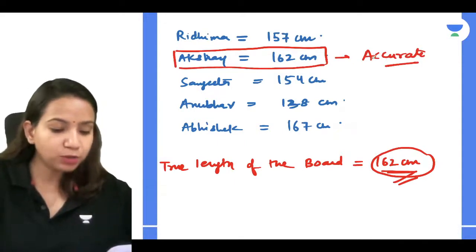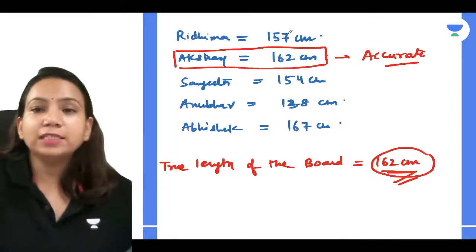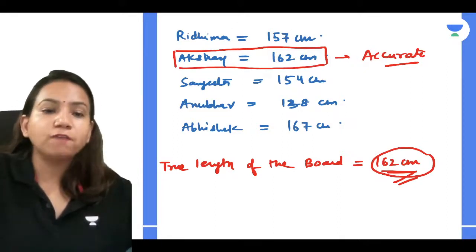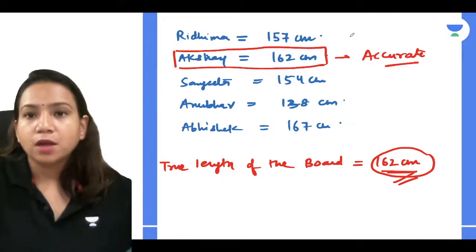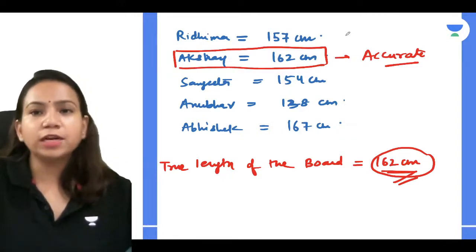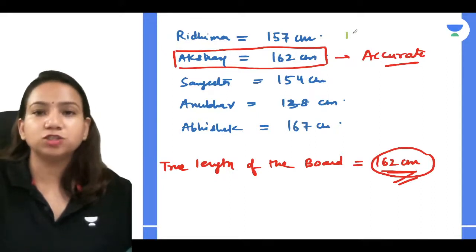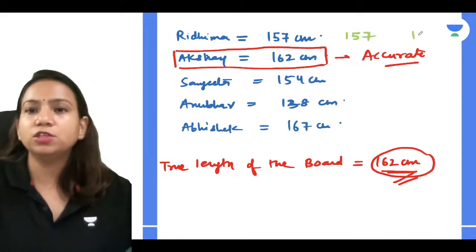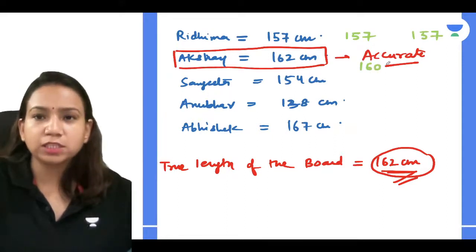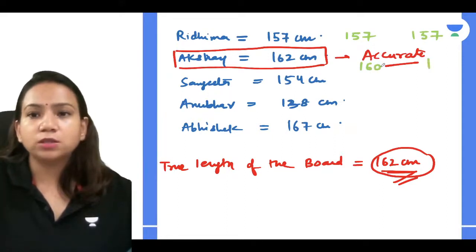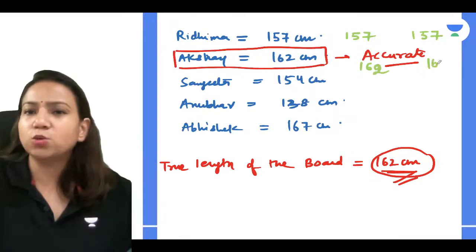Okay, this happens. Very good, Akshay. But what I said, all of you come again and try to find out the values again. Before telling which one is accurate, I told them you have to take three measurements. So Riddhima came and said all 3 times 157 only. Akshay came, said one time 160, another time 162 and 162 only.